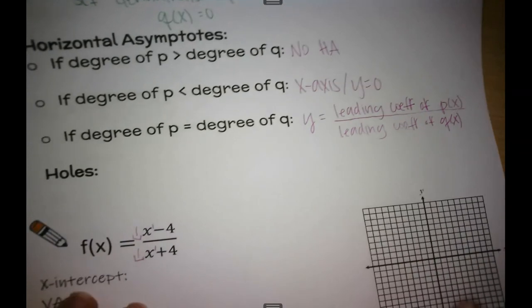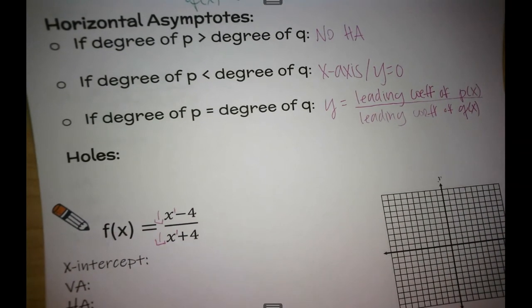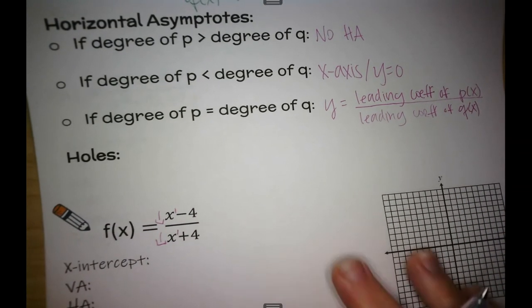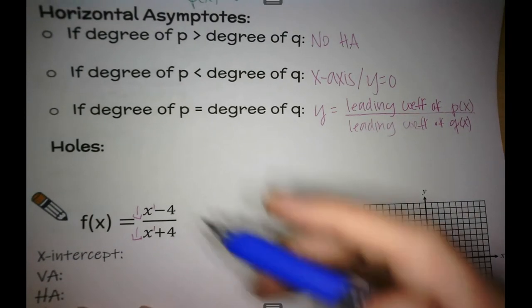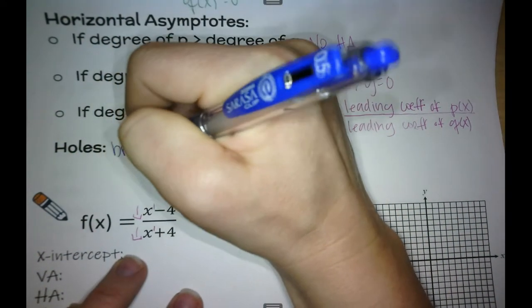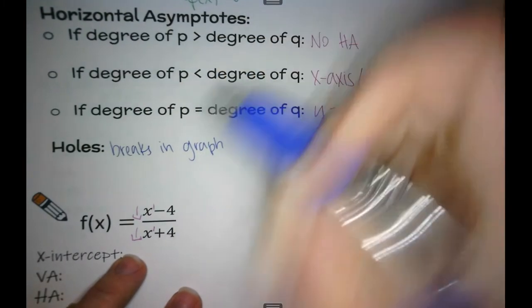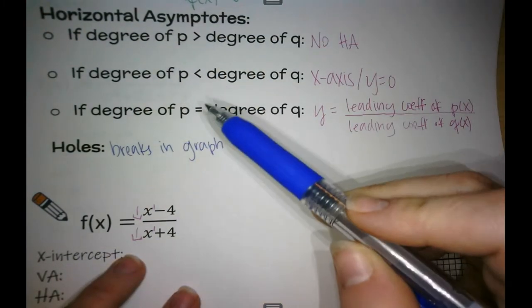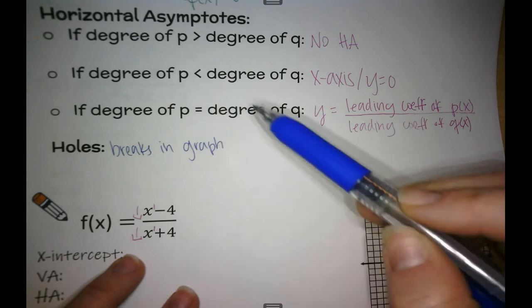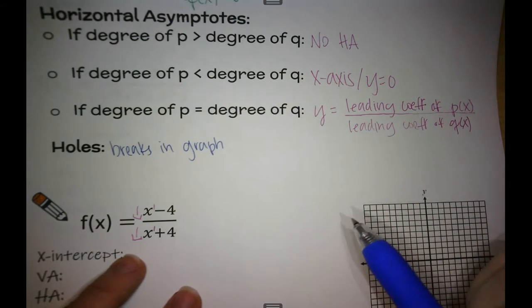All right. In these rational equations, we might have some holes, okay? So these are going to be just breaks in the graph. So our graph is going to be going on, and then we're going to have an area where there's no point, and then it keeps going.